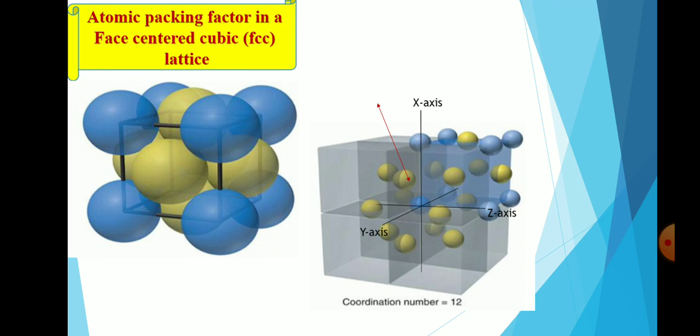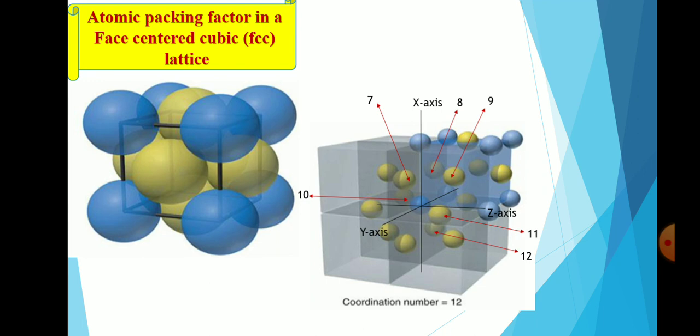Now in case of ABC arrangement, if you remember, the same you have to adopt here. 7 atoms present on the face, it is 8, it is 9, it is 10, it is 11 and it is 12, just like 6 atoms on the plane, 3 from first layer or upper layer and 3 from lower layer.